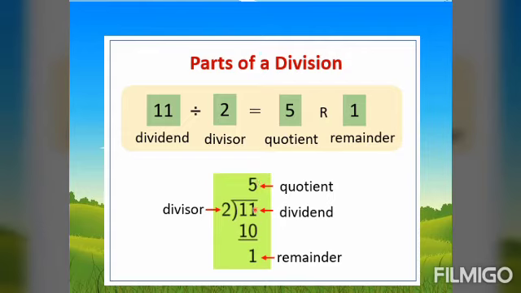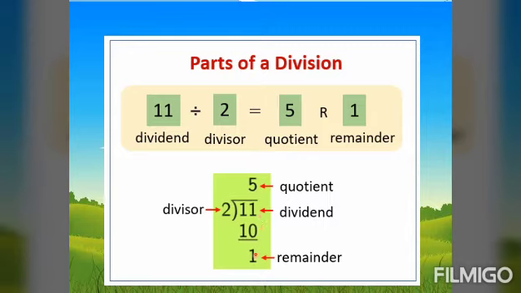So we have now the product here, the 10. Then next you need to subtract: 11 minus 10 equals 1. And this one, guys, will be your remainder. Why? Because there is no other number to be brought down here. So if there is no number that comes next, meaning you need to leave this as your remainder.